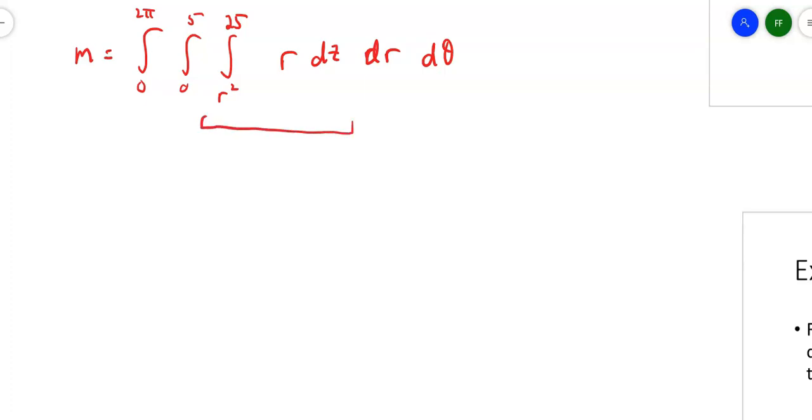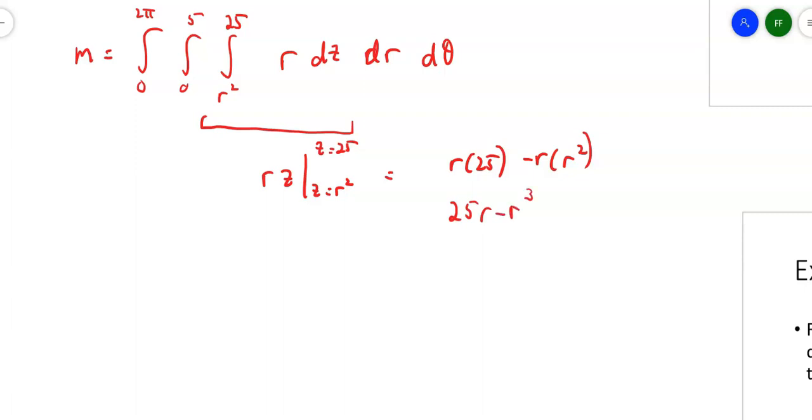If I integrate this with respect to z, not with respect to r, with respect to z, then I end up with rz evaluated at z equals 25 and at z equals r squared. So that gives me r times 25 minus r times r squared. So I get 25r minus r cubed.